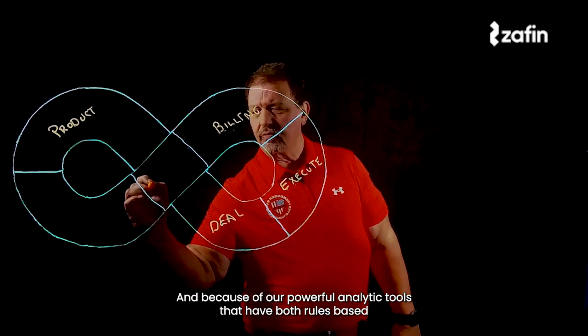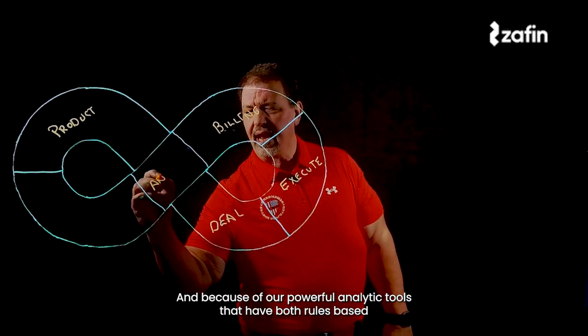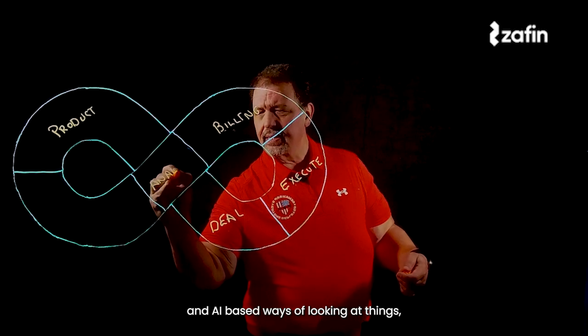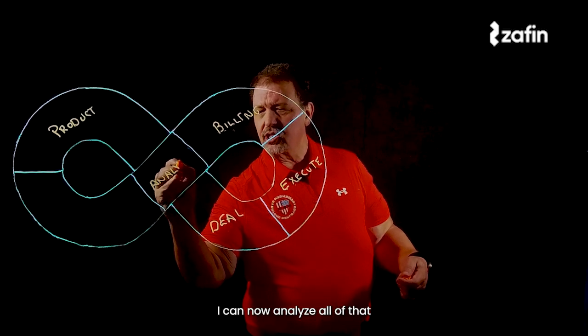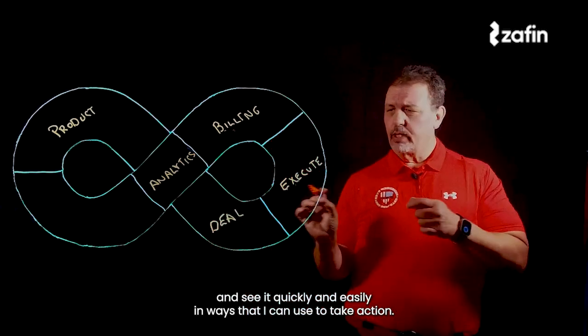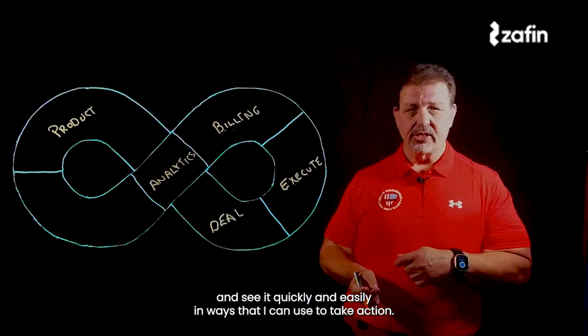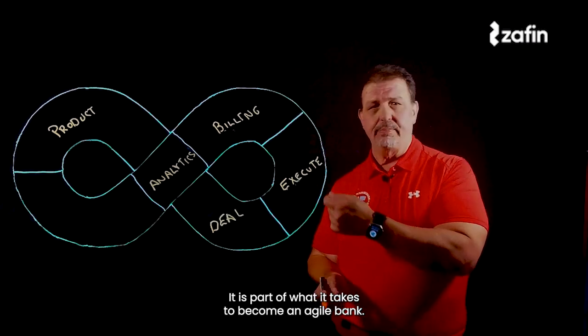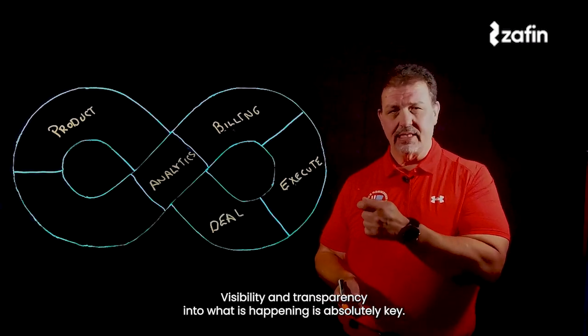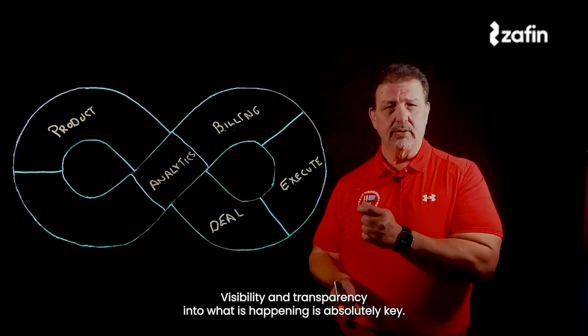And because of our powerful analytic tools that have both rules-based and AI-based ways of looking at things, I can now analyze all of that and see it quickly and easily in ways that I can use to take action. It's part of what it takes to become an agile bank. Visibility and transparency into what's happening is absolutely key.